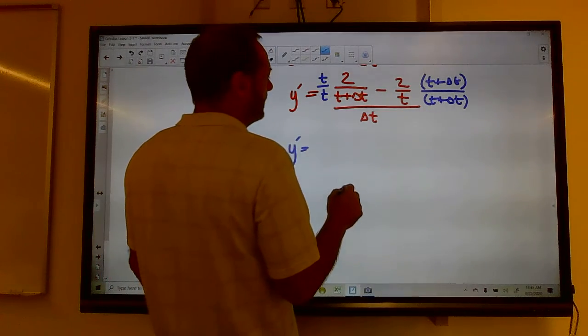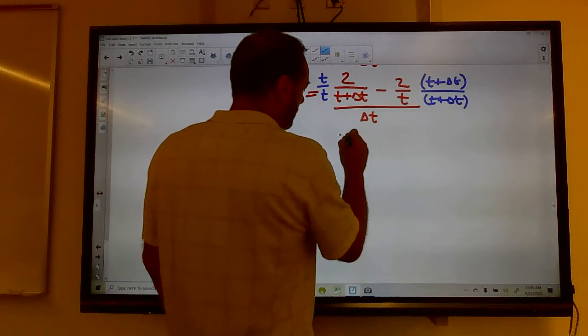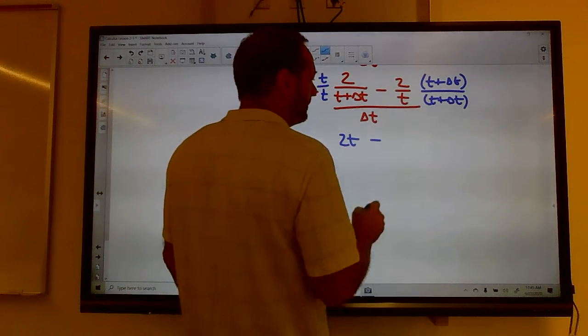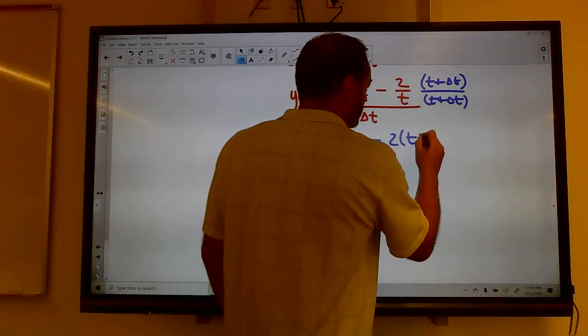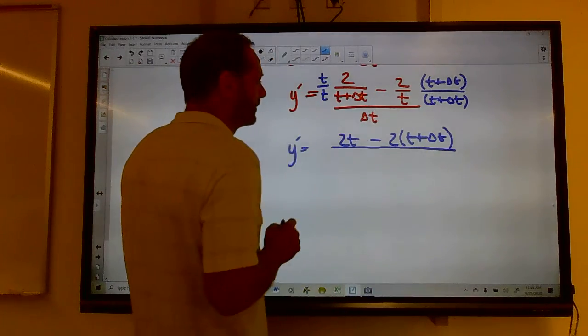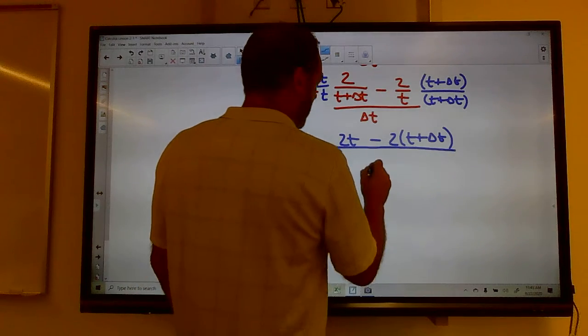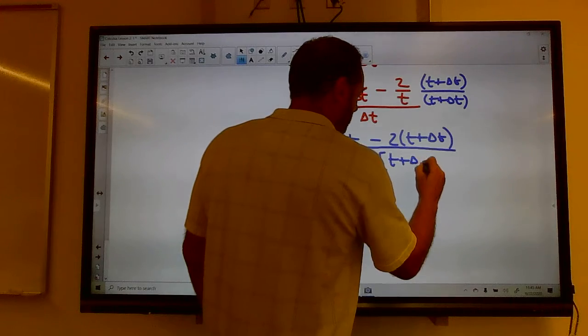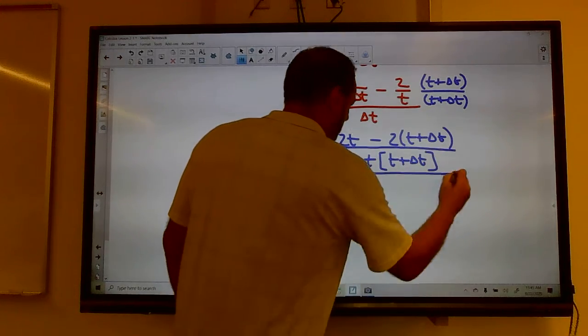So then this is going to be 2t minus 2 times t plus delta t, over the bottom of this whole thing, which is going to be t times t plus delta t, all over delta t.